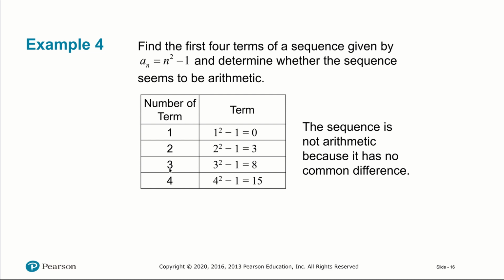For the third term, we plug in 3, we get 3 squared minus 1, so that's 9 minus 1, which is 8, and then on and on, right? So we get 15. Notice this is not an arithmetic sequence because we don't have a common difference. The difference between these two terms is 3. Between these two, it's 5, and then 7, etc. So this is not considered to be an arithmetic sequence.